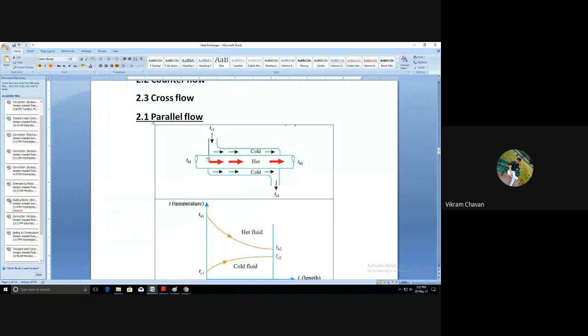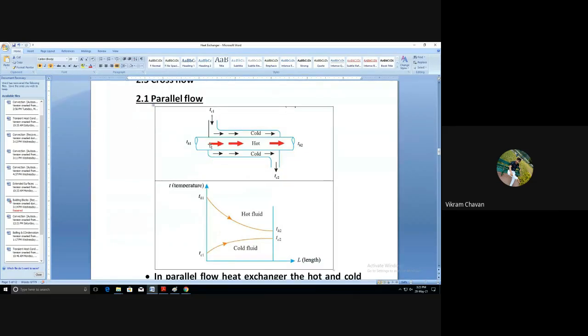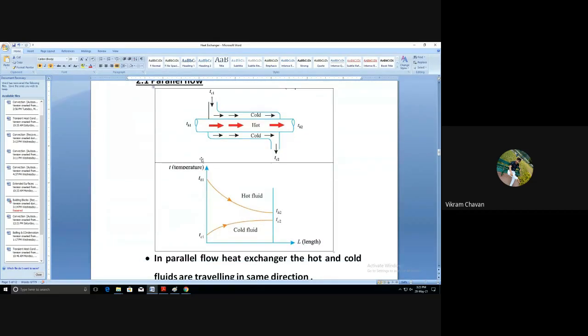So let us consider the temperature versus length diagram. To understand it, we have to consider the inlet and outlet temperatures of the hot and cold fluids. The hot fluid inlet temperature is TH1 and the hot fluid outlet temperature is TH2, whereas the cold fluid inlet temperature is TC1 and the cold fluid outlet temperature is TC2.